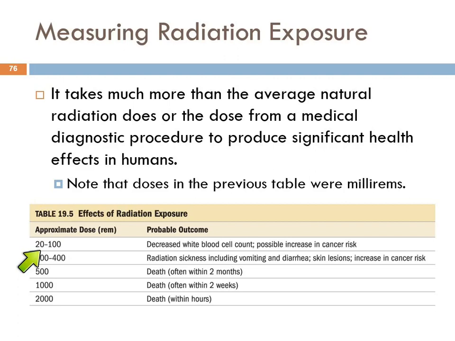So smoking 30 cigarettes a day is getting you up into this place where you're probably going to have decreased white blood cell count and possible increase in cancer risk. So that's probably one of the mechanisms that results in smoking causing increased risk of lung cancer, right? 100 to 400 is where radiation sickness is observed.